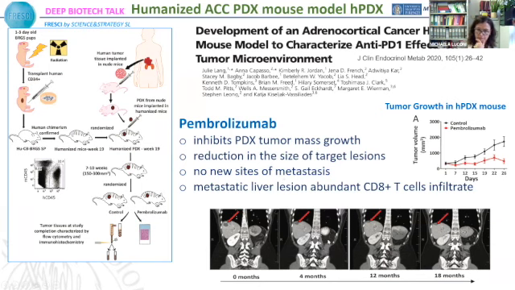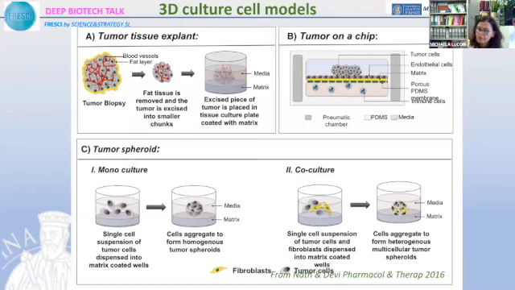To further assess the role of the local tumor microenvironment in controlling tumor progression through 3D interaction of the cells, either tumor explants co-cultured with additional microenvironment cells, or 3D spheroids generated from tumor cells alone or in co-culture with other cells derived from the microenvironment have been used.